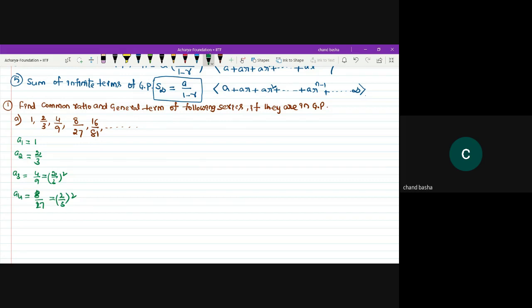So what is the common ratio? If I'm comparing this with 1, 2 by 3, (2 by 3) whole square, (2 by 3) whole cube. Yes, 8 by 27 is (2 by 3) whole cube.